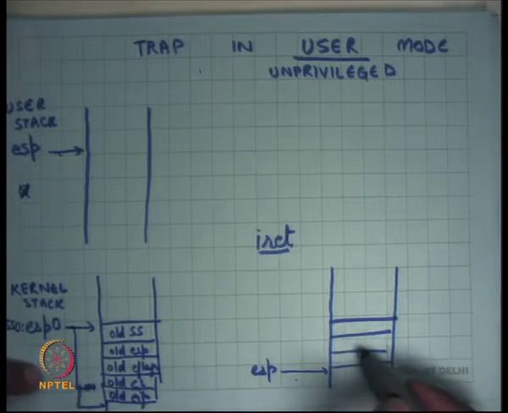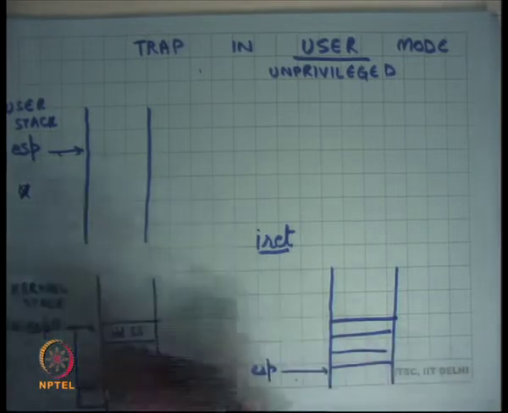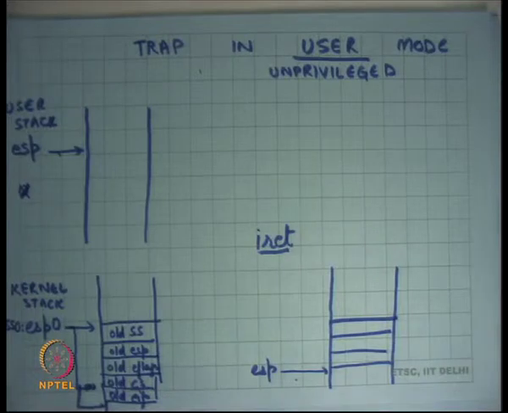But now it's going to see that the CS is actually an unprivileged CS. So the CS that it's popping into the register is actually an unprivileged CS.